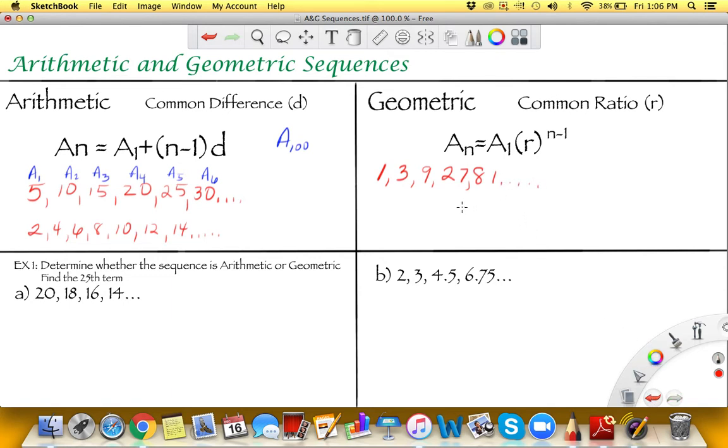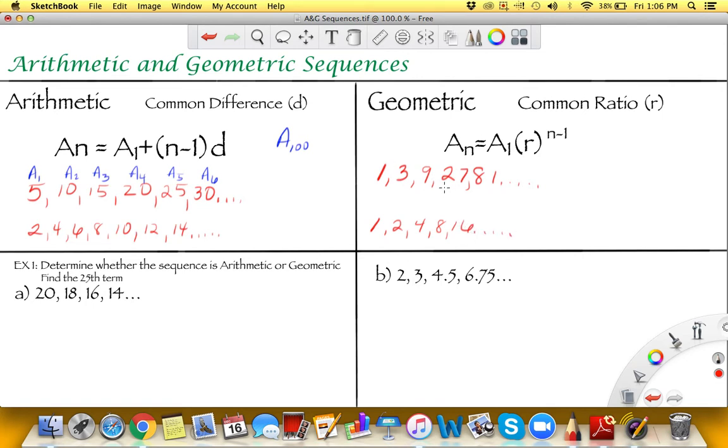Another example, let's stick with a simple one: 1, 2, 4, 8, 16. That's 5 terms, and then we continue that pattern.